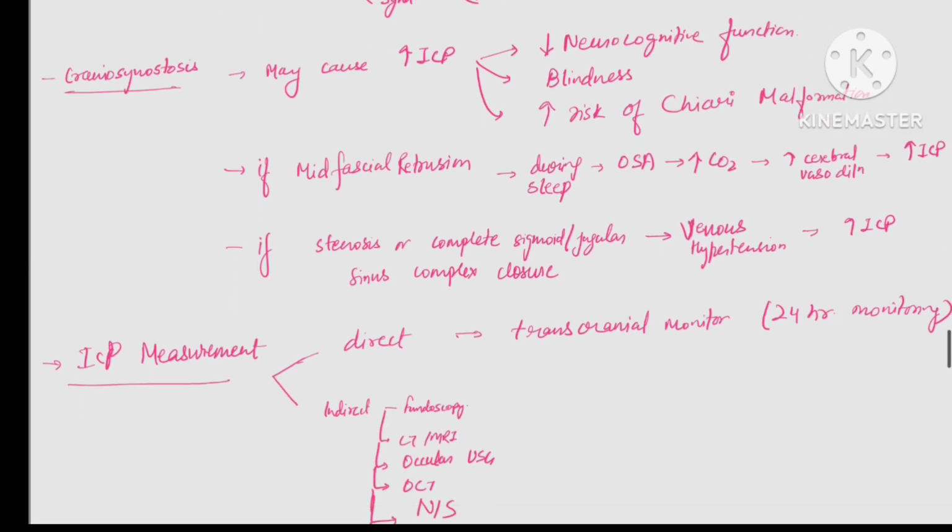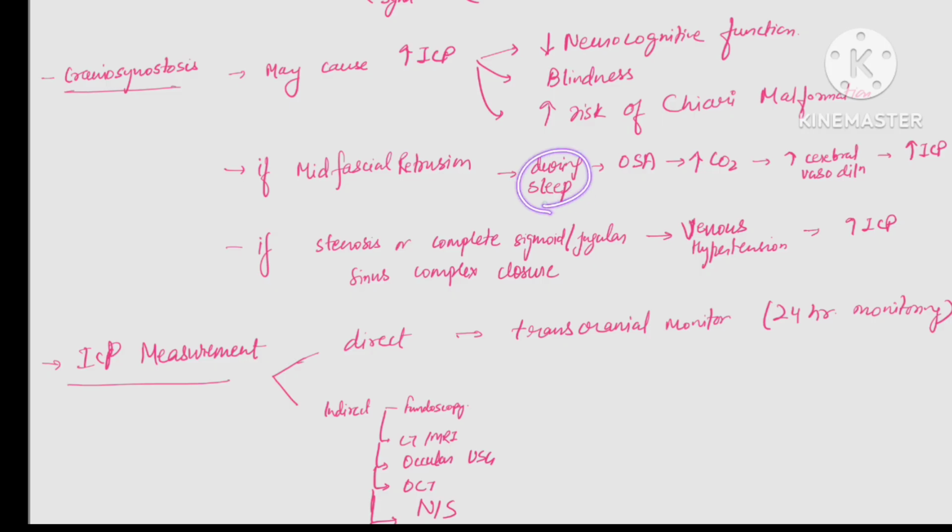Coming to craniosynostosis, the main problem arising due to it is that it may cause increased intracranial pressure, which leads to decreased neurocognitive function, blindness, and increased risk of Chiari malformation. Sometimes craniosynostosis is also associated with mid-facial retrusion.